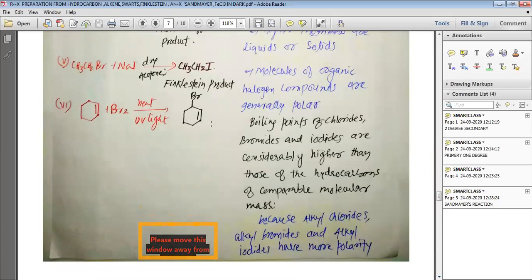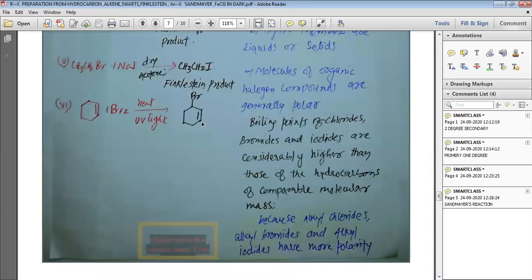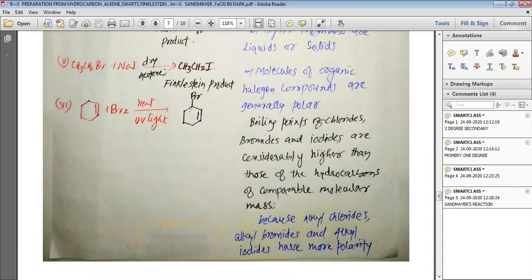So here, if we give the numbering, this is 1, 2 and 3. So it is going to be 3-bromocyclohex-1-ene. Please remember 3-bromocyclo-1-hexene. This is the name we can give.